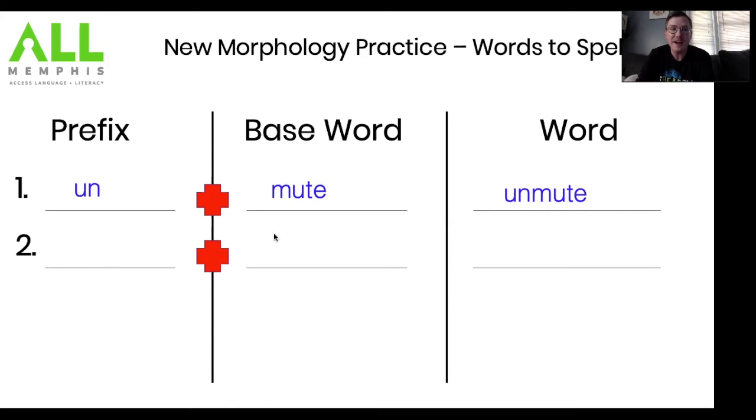Awesome. Now write the prefix that means not or opposite in the prefix column. Awesome. Now I want you to write both the prefix and the base word together in the word column.